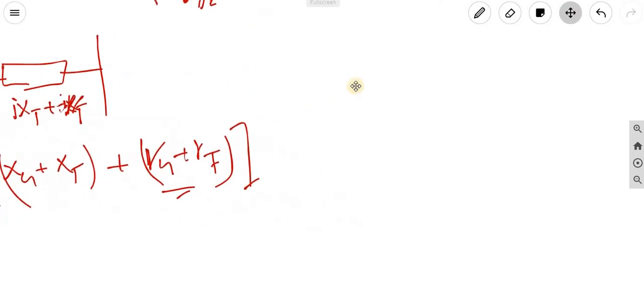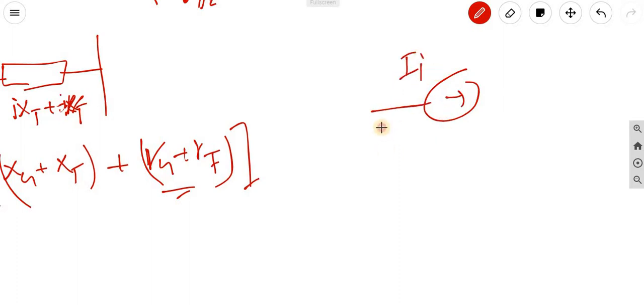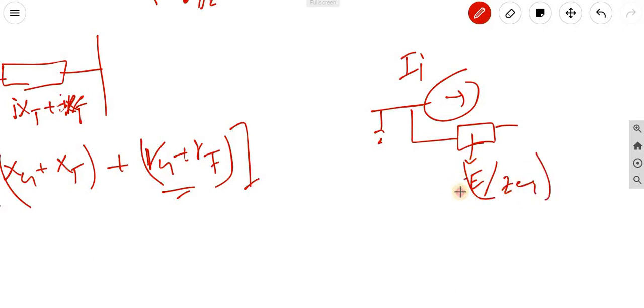So now for the conversion of current, the current is injecting in this way, and the impedance is E by the equivalent impedance, so it would be the equivalent admittance.